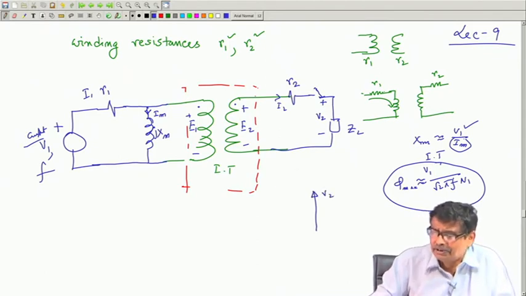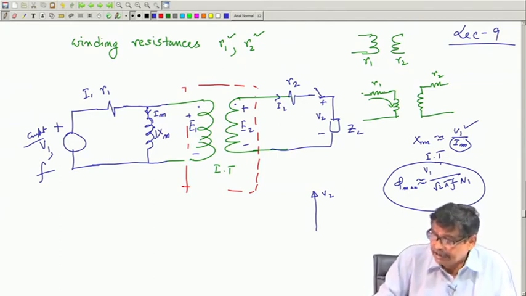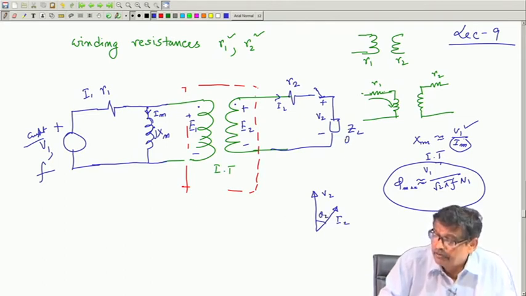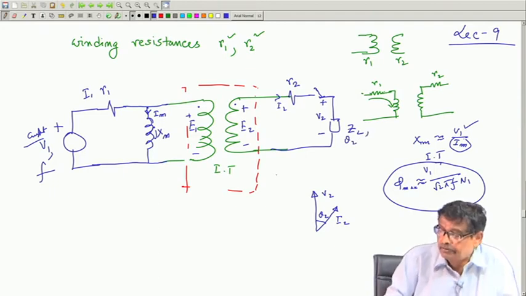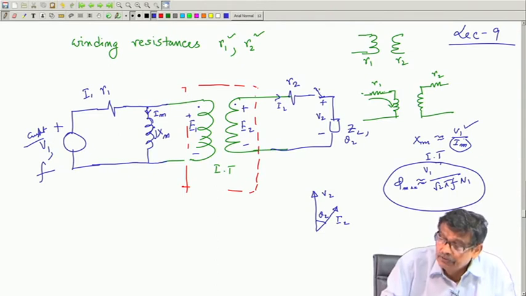I draw V 2 arbitrarily, vertically. If I know V 2, then I can fix where I 2 will be, because the load power factor angle is known. Suppose the power factor angle of the load is theta 2; V 2 and I 2 I have drawn with S closed.